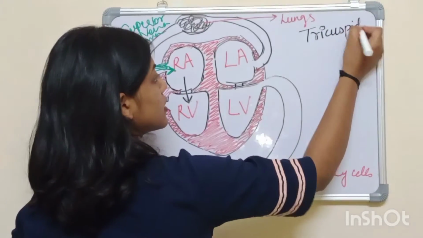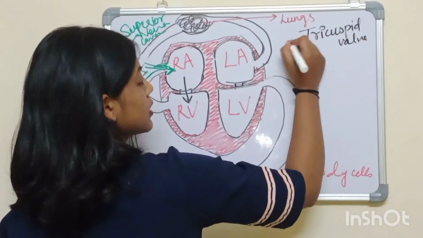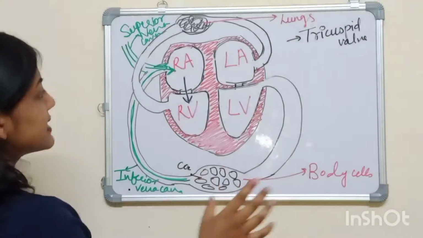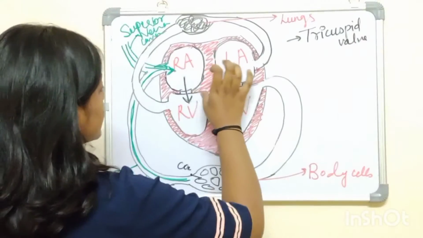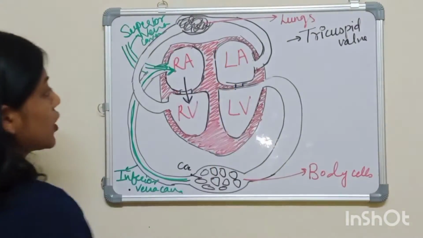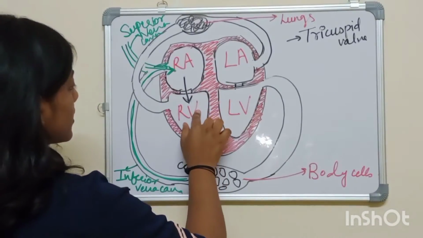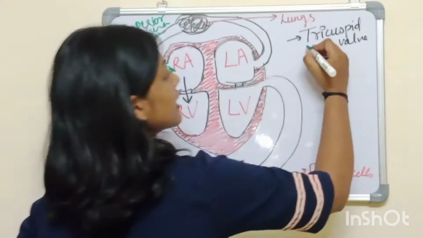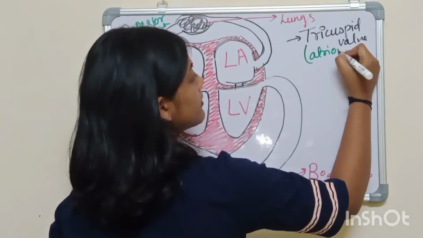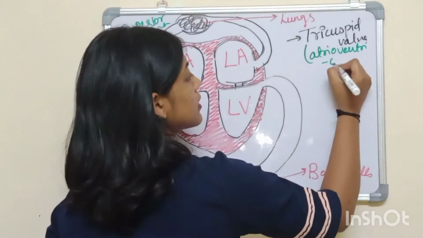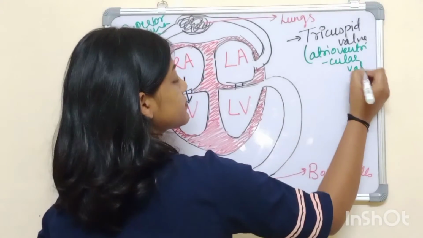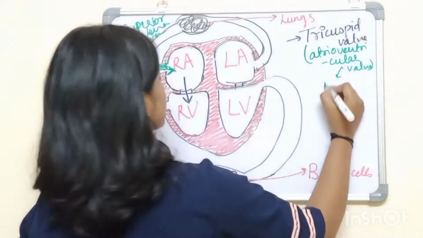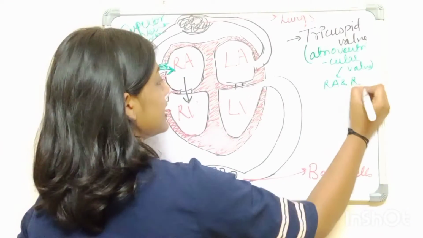It is an atrioventricular valve between the atria and ventricles, between right auricle and right ventricle.